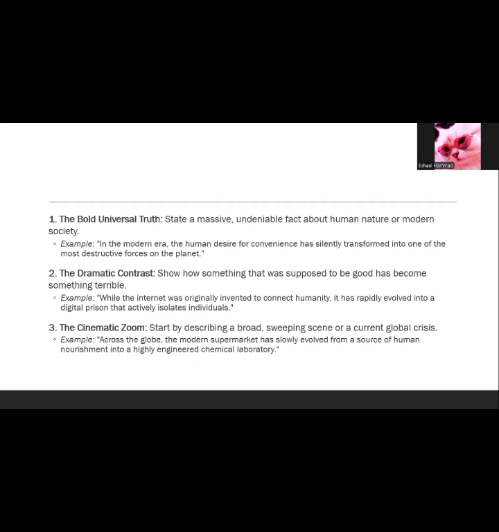Now see the wording: when a reader is going to read about an engineered chemical laboratory and human nourishment, it's gonna have a natural tendency to read more about what this article is going to describe. Okay? So these kinds of things can be used as the doormat, and the doormat or the hook is the first sentence of your introduction paragraph.